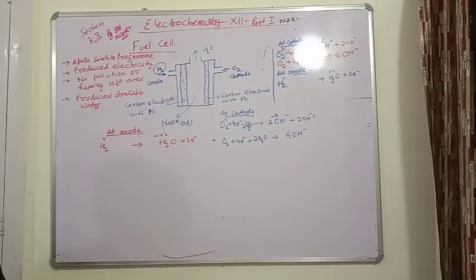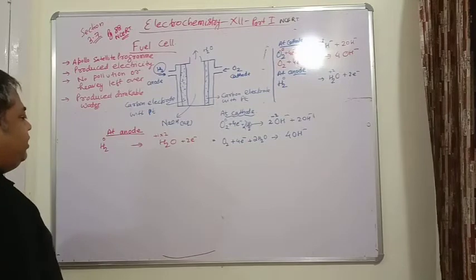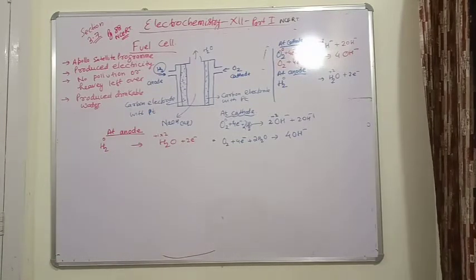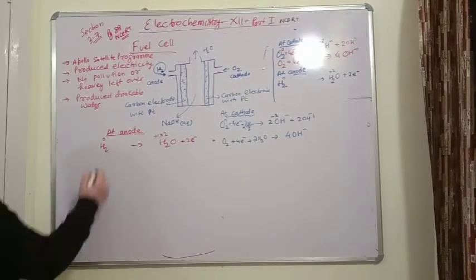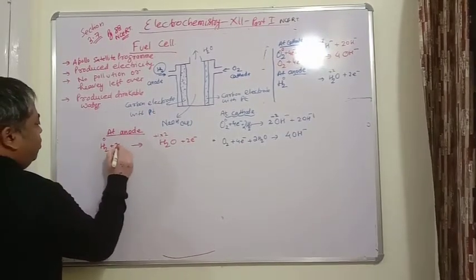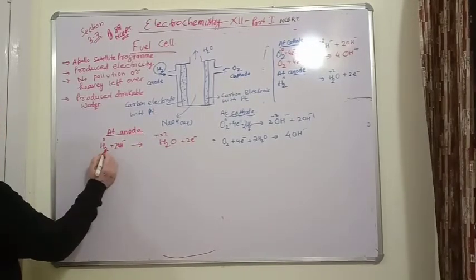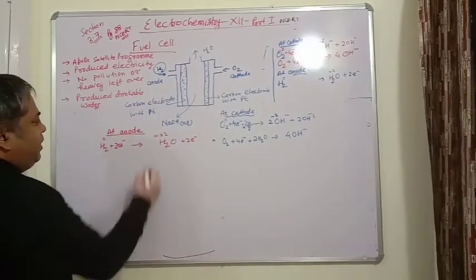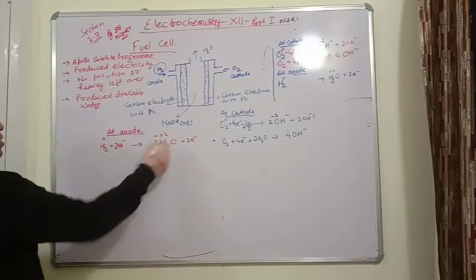Now we see that there is 1 oxygen here and there is no oxygen over here. So in basic medium, we can always add oxygen this side. So if we add 2 OH minus, then we will get even number of hydrogen, that means 2 plus 2, which we can easily make 4 over here. So 4 hydrogens are this side, 4 hydrogen on this side, 2 oxygen this side, 2 oxygen this side.